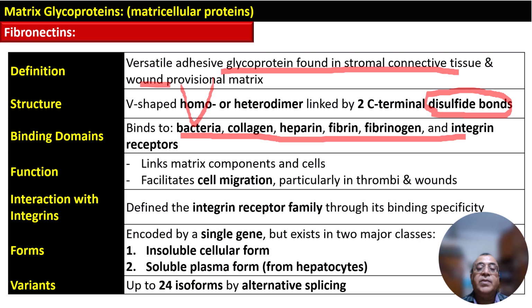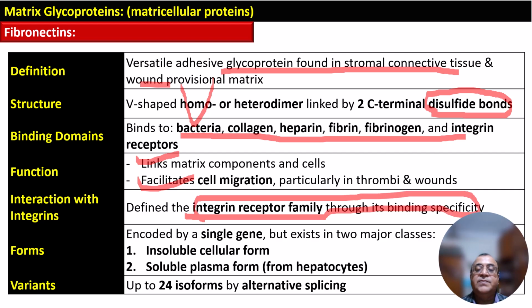So its major functions are to link matrix components and cells, and to facilitate cell migration, particularly in thrombi and wounds. Its interaction with the integrin receptor family is defined through its binding specificity.